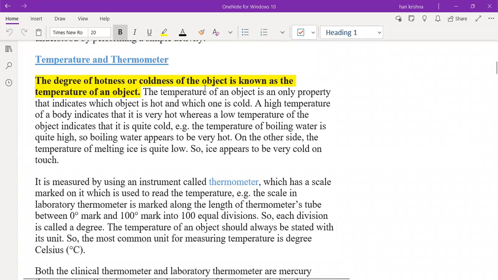Okay, then what is the boiling point? What is the meaning of boiling point? Sir, it is the temperature at which a liquid starts converting into vapor.